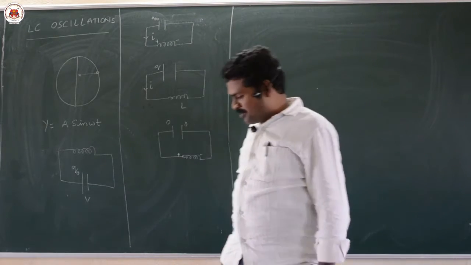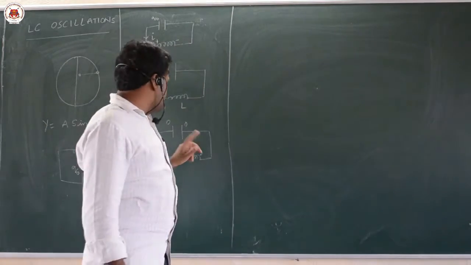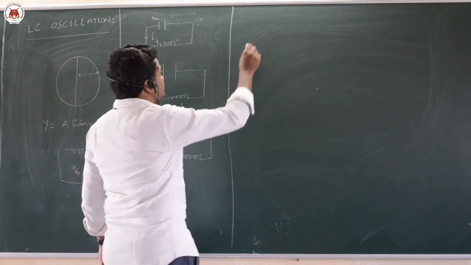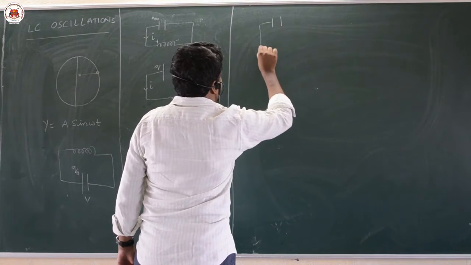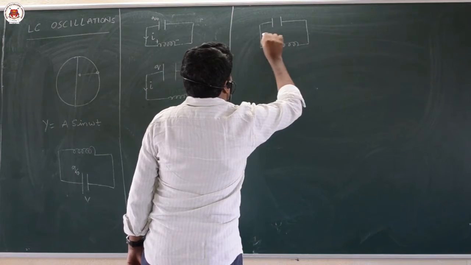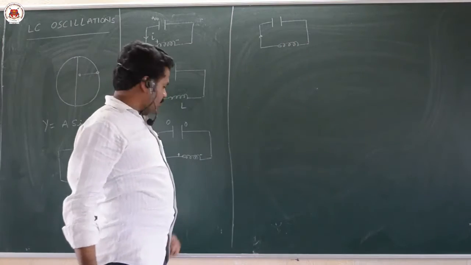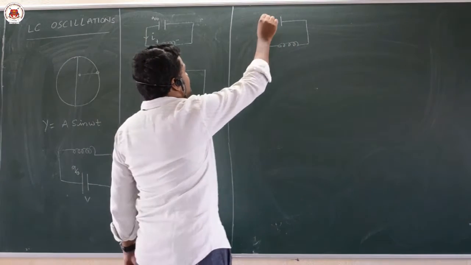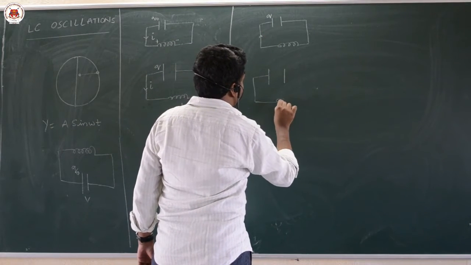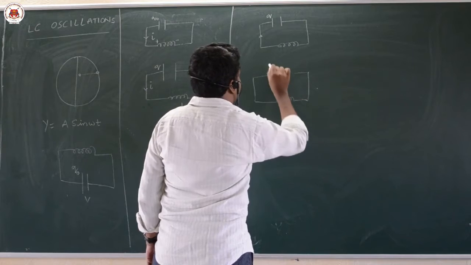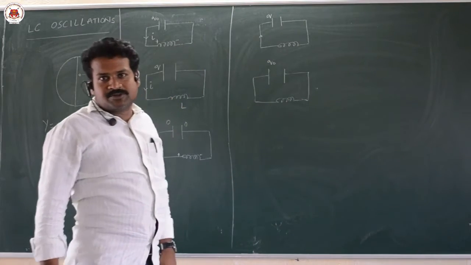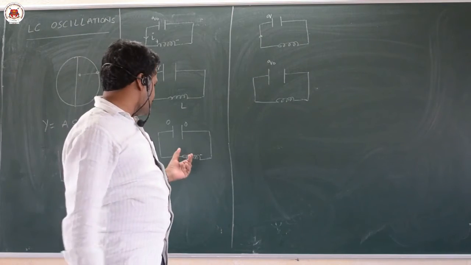Now the inductor starts charging the capacitor. Its charge was 0, now the charge reaches Q, and again it reaches Q naught. It reached maximum, and again the current reaches 0.